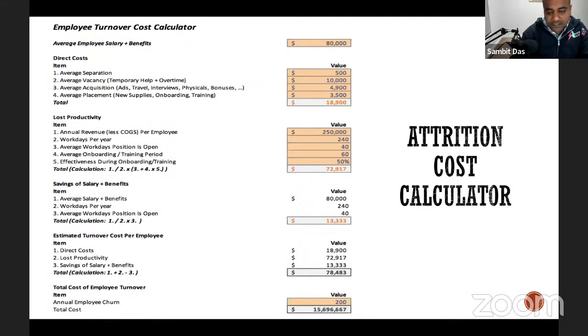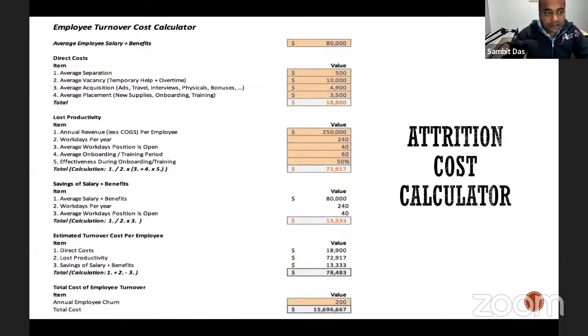Now these numbers, again, the salary figures, the loss of productivity, these are all test data. So please don't take it as something you can just model on any other company's data. It has to be studied and worked with the HR leads and managers to fine tune this calculator.